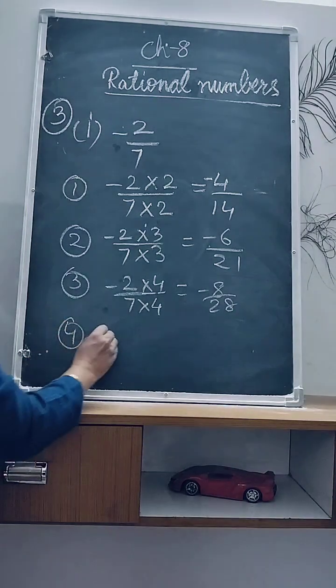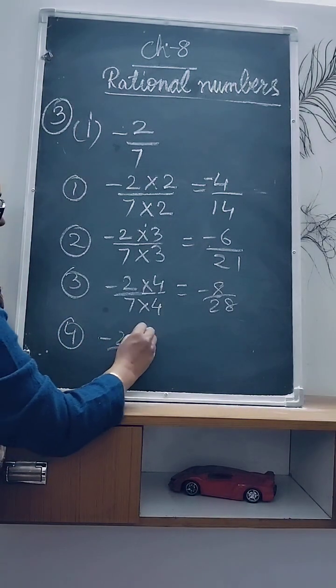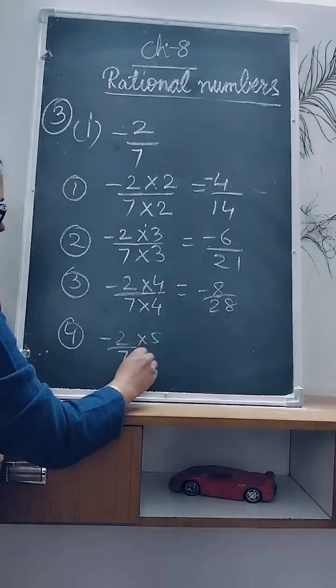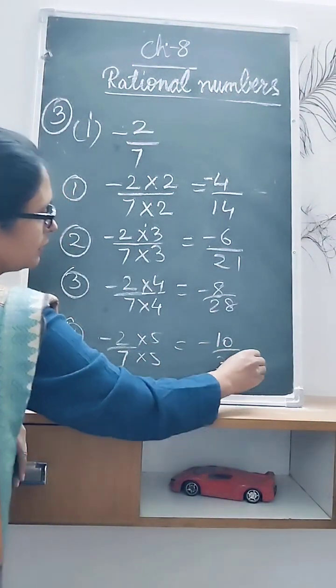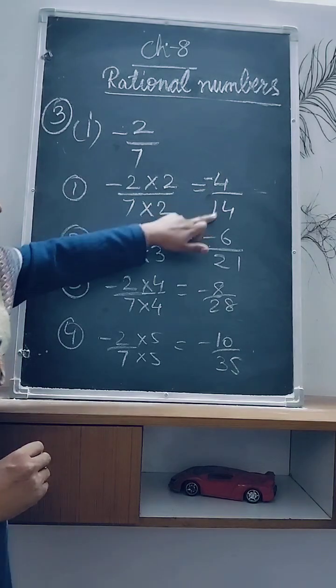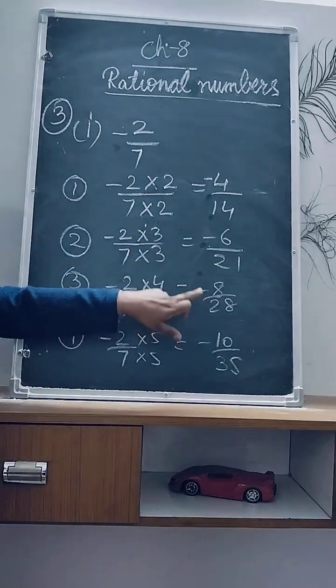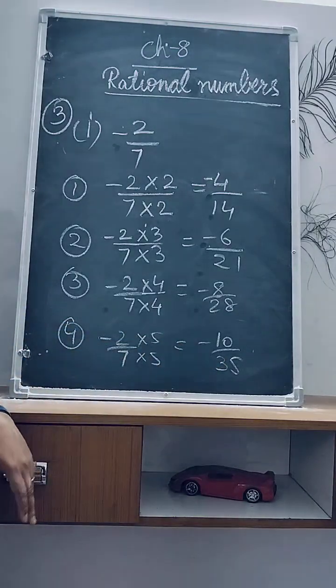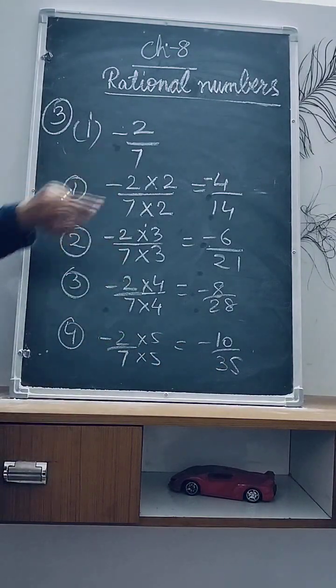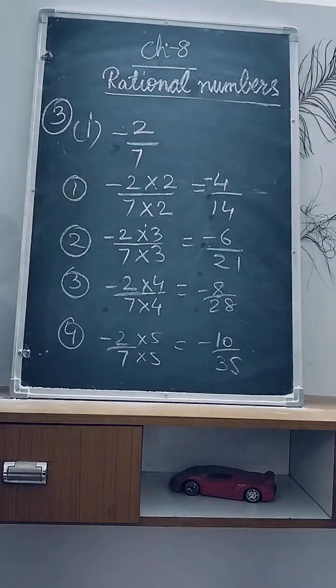Now the fourth rational number for minus 2 by 7 is minus 10 by 35. So all these, minus 4 by 14, minus 6 by 21, minus 8 by 28, minus 10 by 35 are equivalent rational numbers of minus 2 by 7. In this way you can do the other parts also.